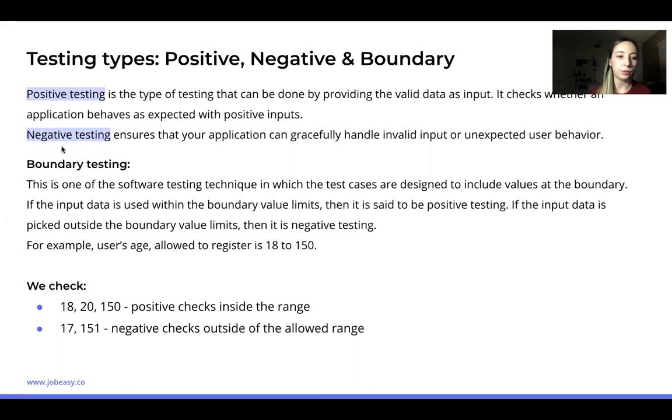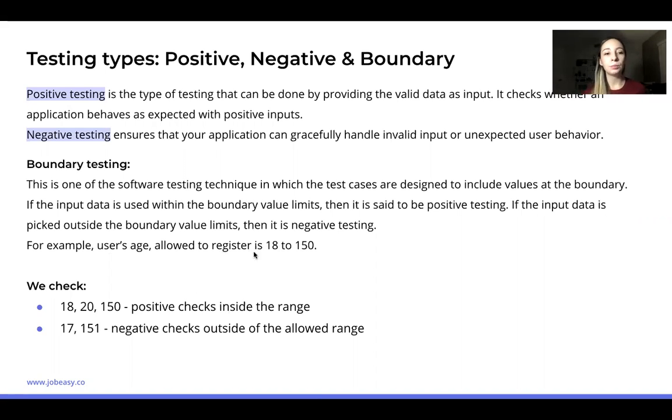For example, you need to create a user and you have a registration page asking for the user's age. The valid age is between 18 and, let's say, 150. So if the user is 18, 30, or 150, they are allowed to register.